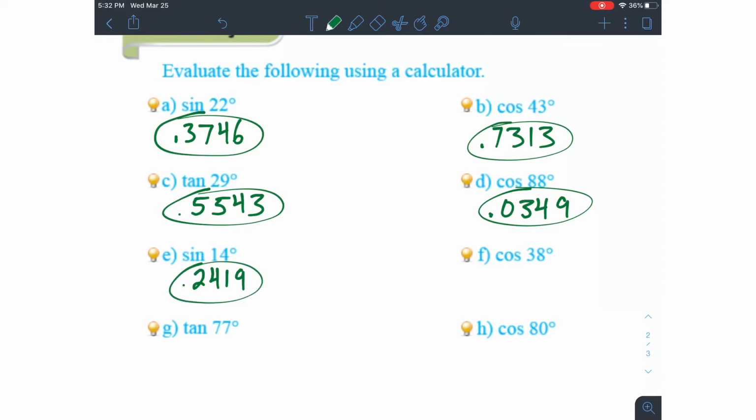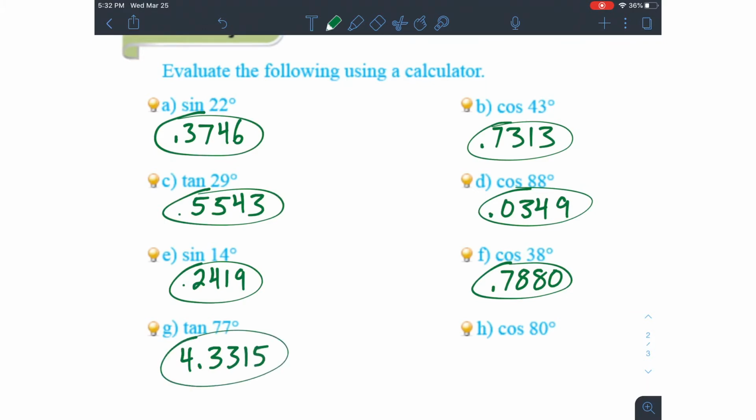Cosine of 38 is 0.788, and then it's 0.1, so we're just going to round that to 0. Tangent 77, ooh, we finally get one larger than 1. It's 4.3315. And then finally, cosine of 80, 0.1736, excuse me. I'm going to fix that 3. It's kind of ugly there.